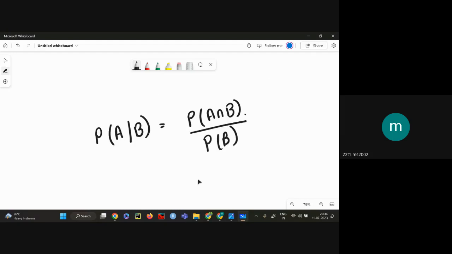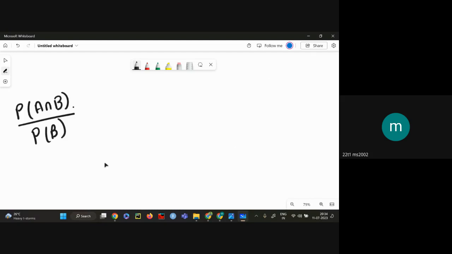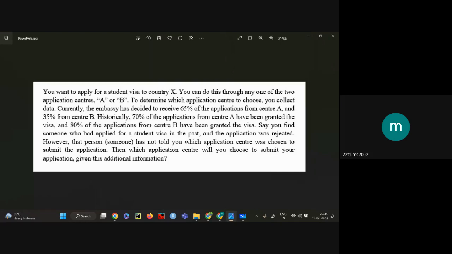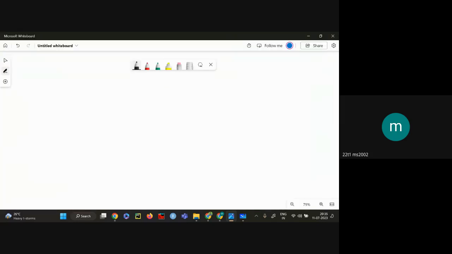Now we are going to use this on the problem that I was showing on screen. The same problem was discussed last time. I'll give a minute, just take a screenshot of it so that you can also read it simultaneously. Okay, so now let's see what is given.